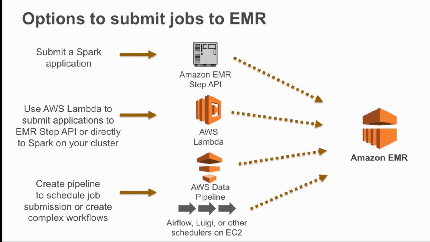You upload your code to the cloud, and then as data arrives and requests arrive, that code gets executed. Lambda can submit jobs to EMR as well. And then there's a variety of pipelining solutions. AWS Data Pipeline is one powerful one. There's a whole bunch of open source ones, Oozie, Airflow, Luigi, and so on. So there's a variety of ways to submit work to EMR.